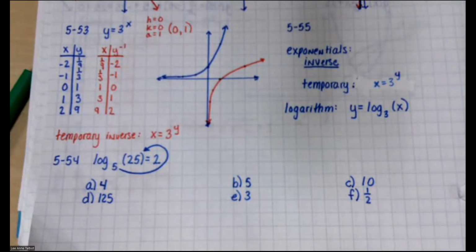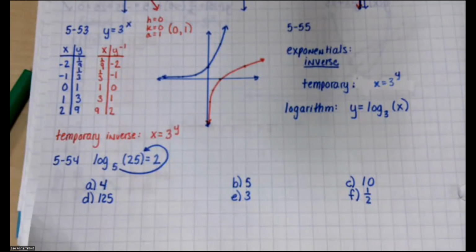Before we're done, I just want to say one last thing that helps. The base is 3 in this problem. You see the base of the exponent is 3. The base of the exponent is the base of the log.